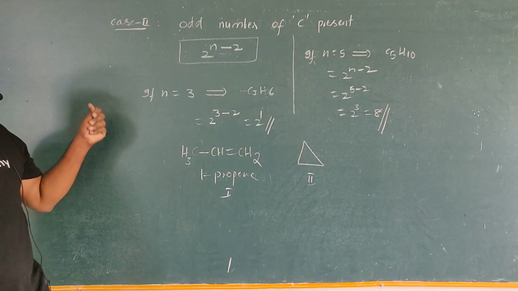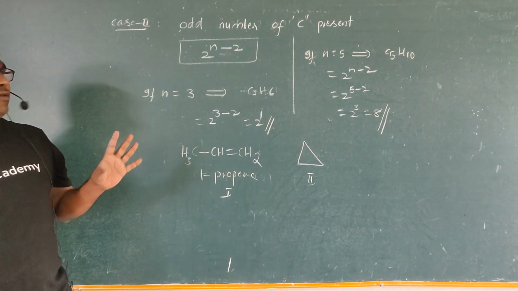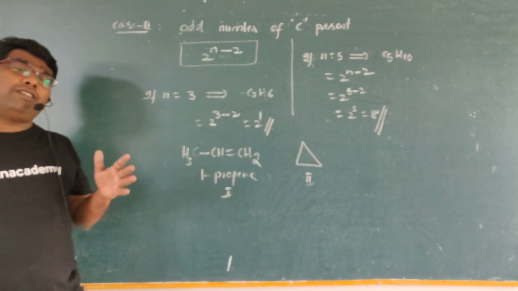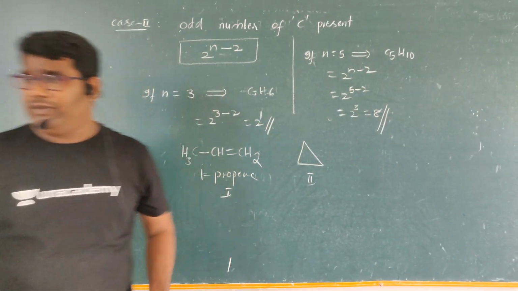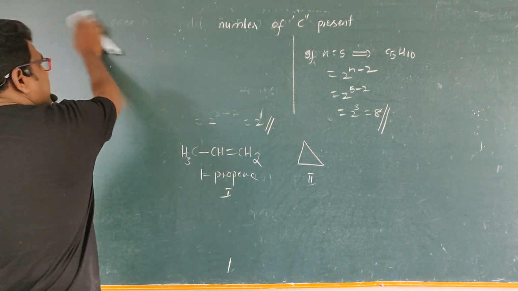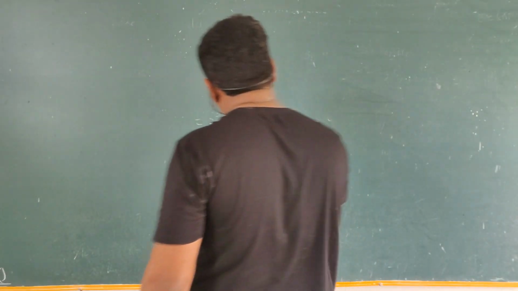This is for an alkene having an odd number of carbon atoms. What is the formula? 2 power n minus 2. Okay. What is the formula if the n value is even? 2 power n minus 2 plus 1. Okay. And this is the calculation of the number of isomers present with an even number and an odd number of carbon atoms.